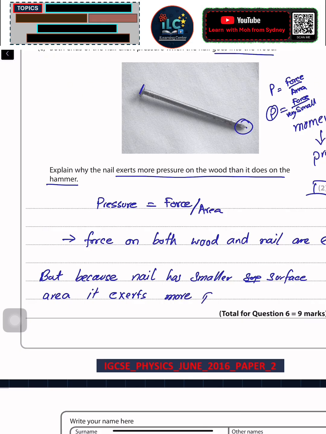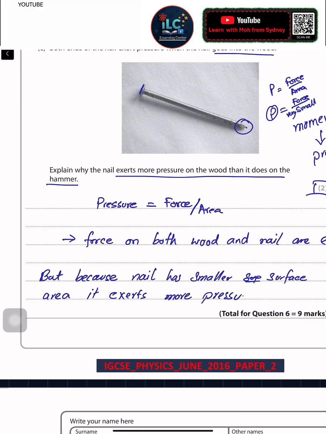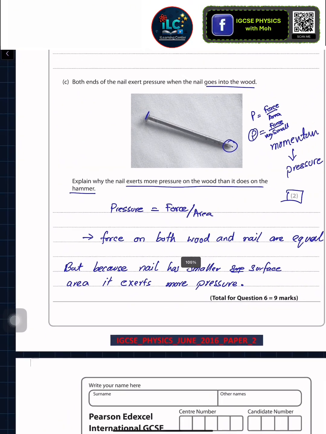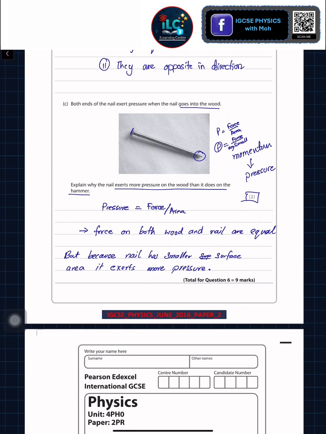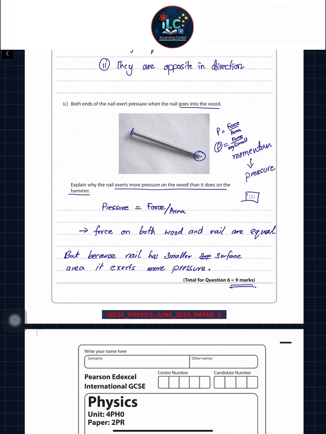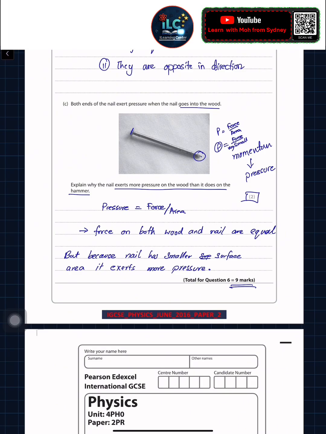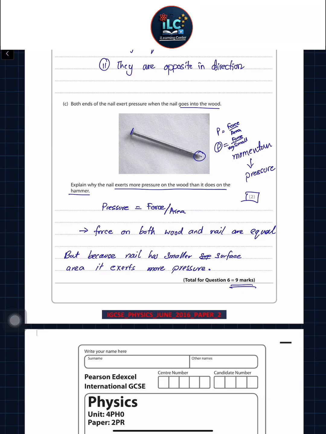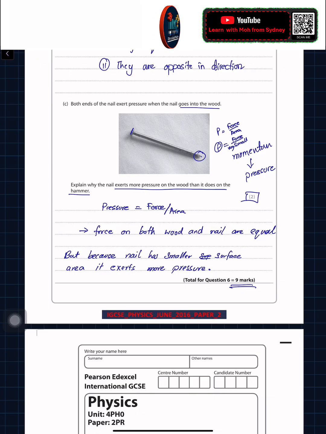I'm pretty sure when you have read these chapters, you have gone through these examples, the leg of an elephant or the heel of a woman. This is good enough. We get 9 marks, and the questions are pretty much repeated. So make sure you understand the first one very carefully. For the next ones, it's easy for you to follow up.